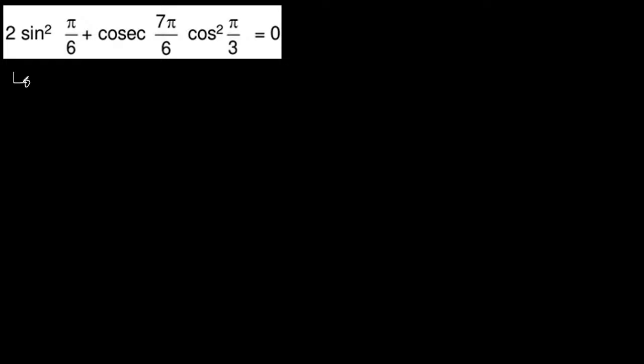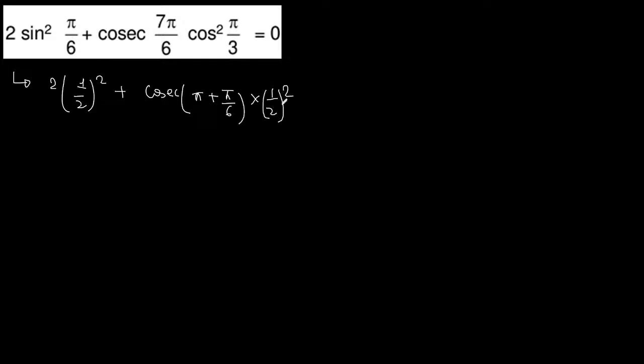2 sine square pi by 6. So 2 sine square 30 degree is nothing but, this is 180 by 6, 30 degree is nothing but 1 by 2 whole square. We have cosec 180 plus pi by 6, and we have cos square 60 degree.